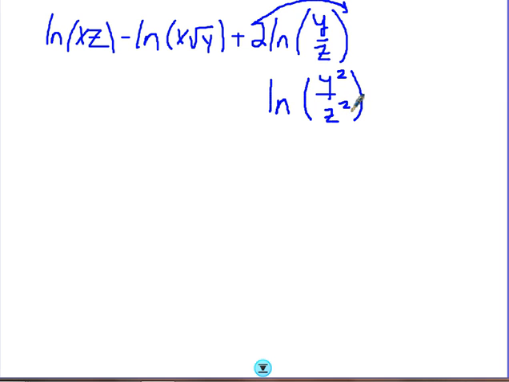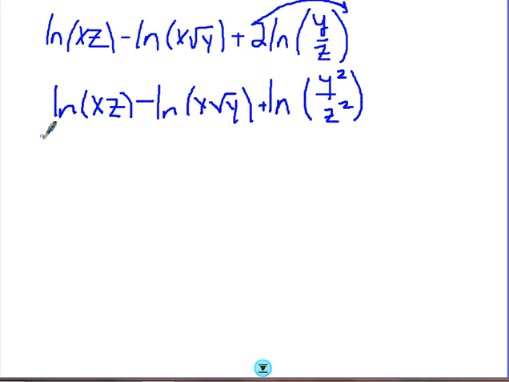So I'm going to do both those things in one step. I'm going to make it an exponent and then distribute that exponent to numerator and denominator. Nothing changes in these yet. I've got the natural log of x times z minus the natural log of x times the square root of y. So I've just executed that one property.